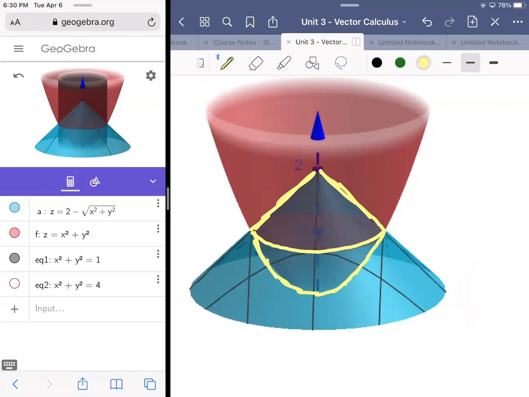All right. So if I go from 0 to 1 for R, here's R equals 0, and over here would be R equals 1. If I do that, it's going to give me everything underneath.